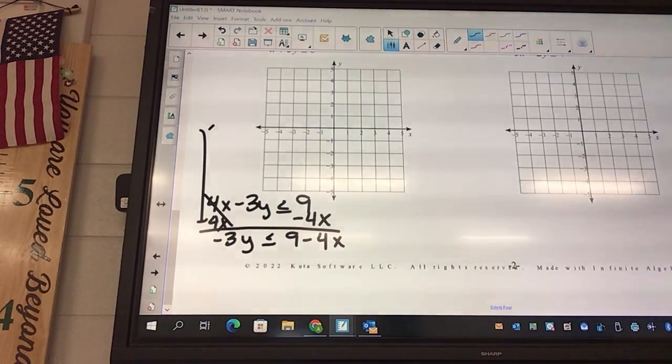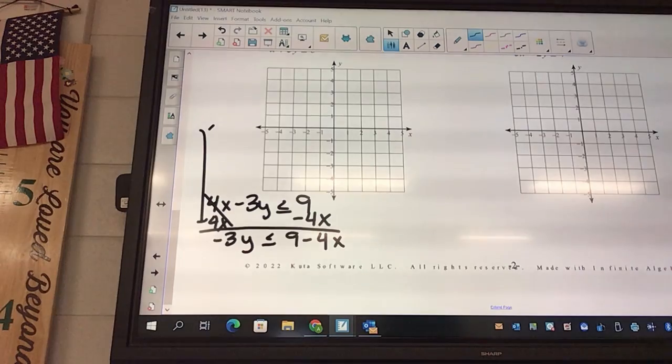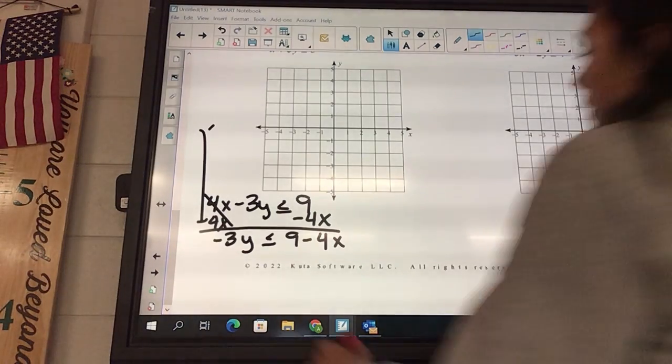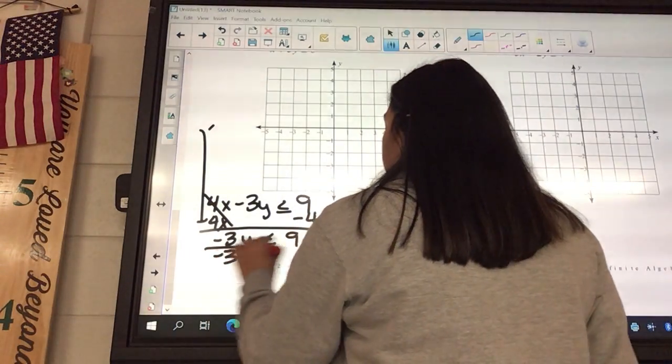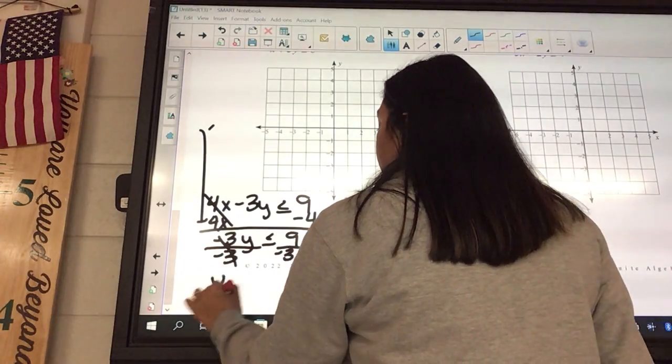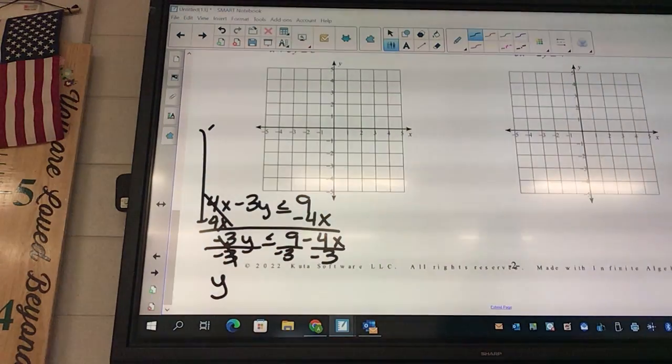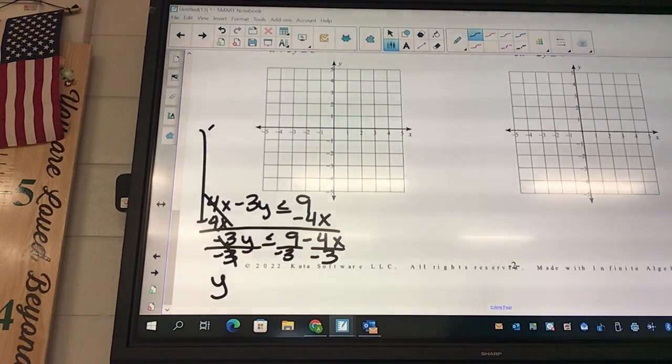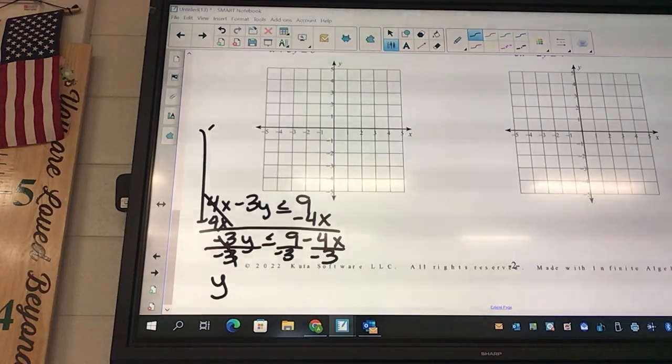What's our next step? Divide by negative 3. When do we need to flip a sign? If we divide by a negative, which number would need to be negative in order for us to divide? The y, okay?